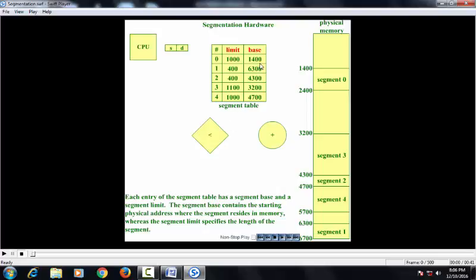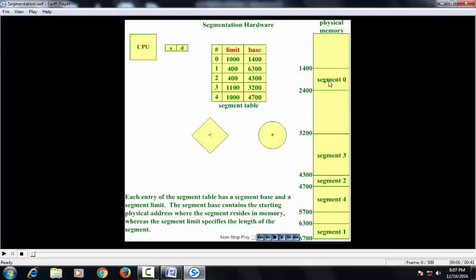As you can see here, the base address of segment number 0 is 1400, limit 1000 lines. Maybe it is lines of code, maybe it is bytes of code. So 1000 lines of code or 1000 bytes of code, you can consider either.